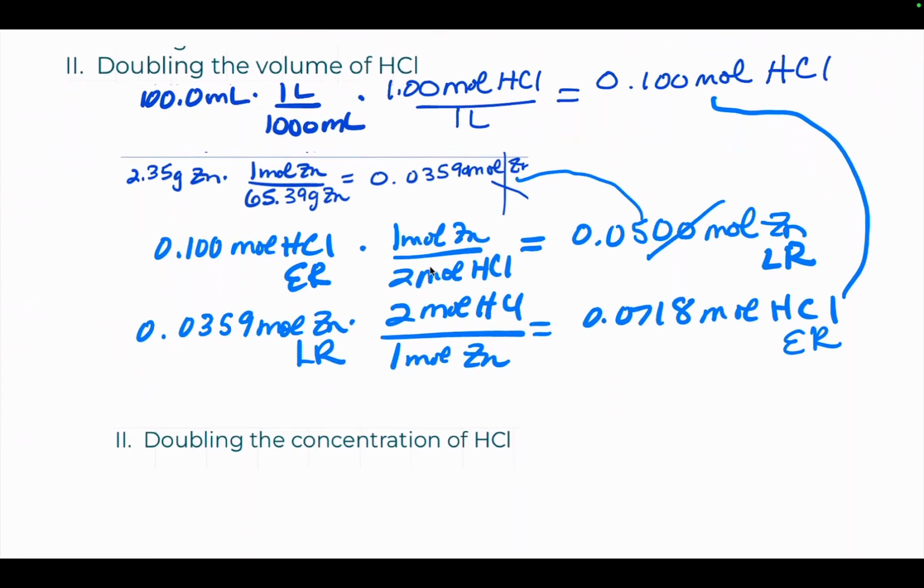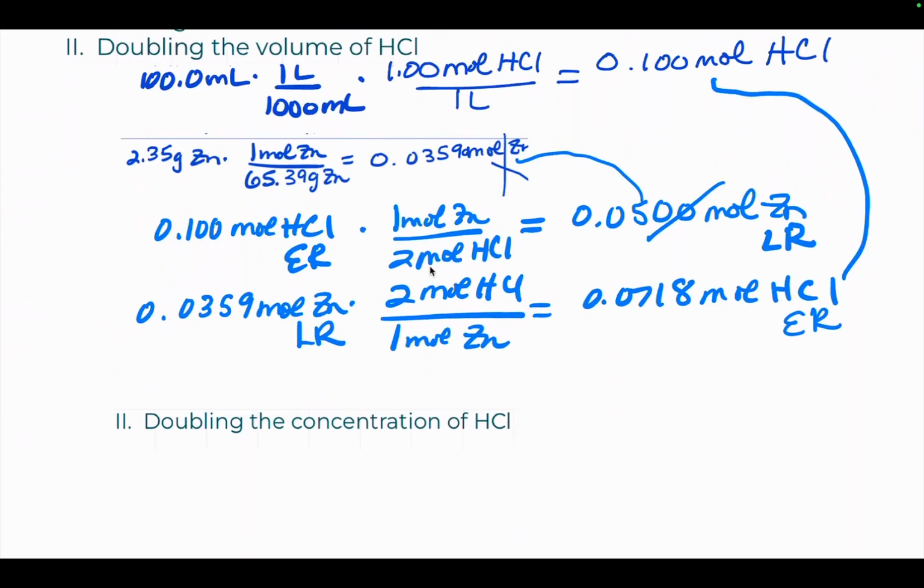So if that's the case, then I am going to take the amount of zinc that I have and convert to moles of hydrogen. And I'm just going to turn my paper here.